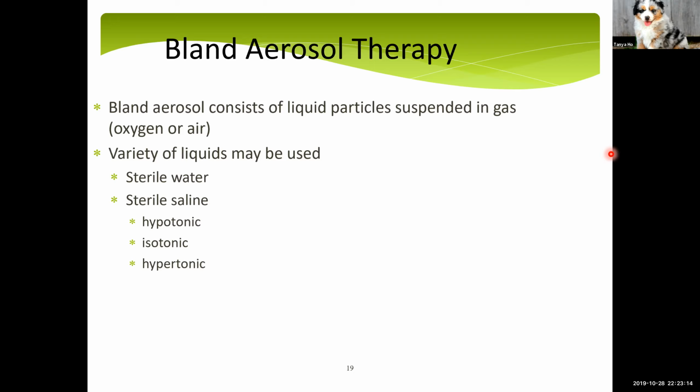This is an aerosol. It's not considered water vapor. Water vapor is water in the gas phase. An aerosol is liquid water in tiny droplets that are suspended in the gas, and they're light enough to stay suspended in gas.